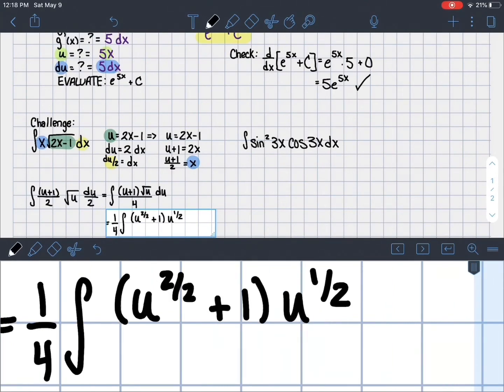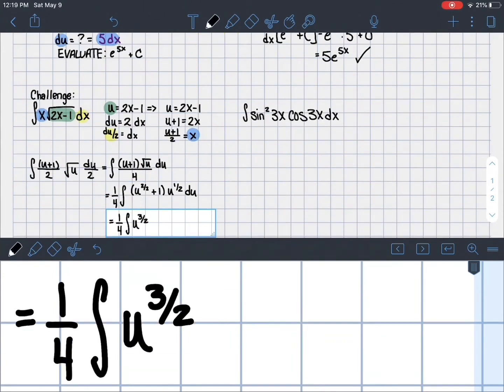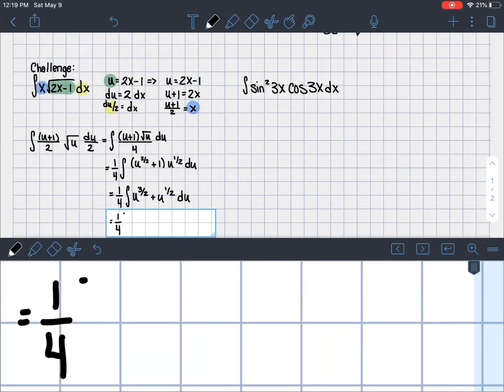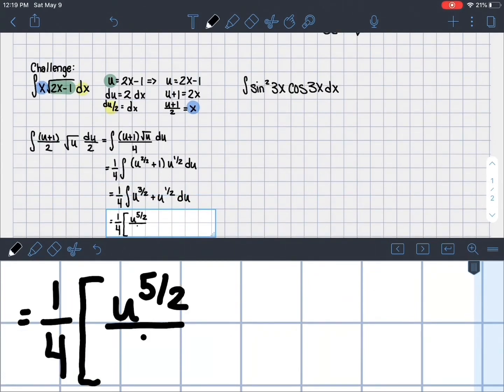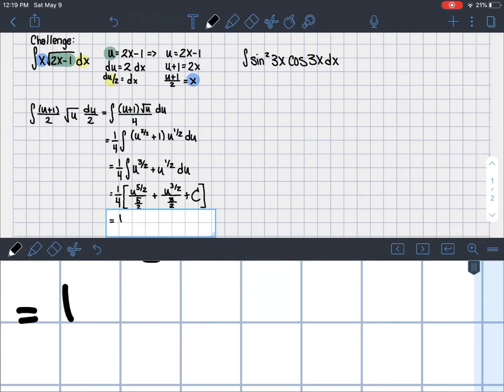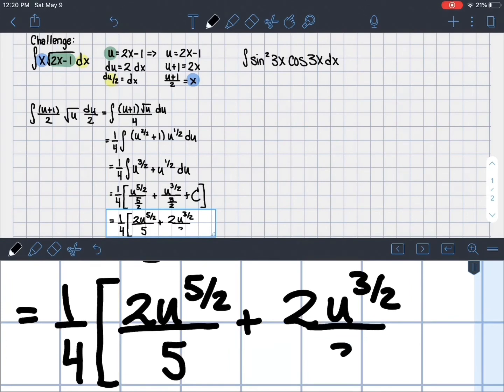I'm pulling the constant out front, and I'm rewriting my u's in terms of what they are in halves. And that's going to make it much easier to integrate them, even though perhaps annoying. I'm not going to forget my plus c, and I'm also going to use this step to just multiply by the reciprocal on each of the terms.